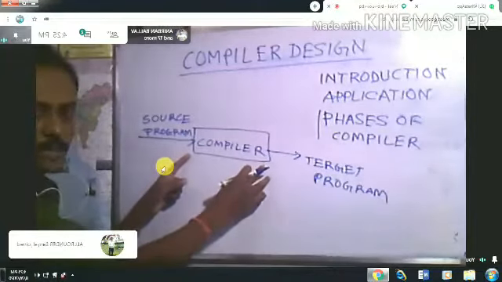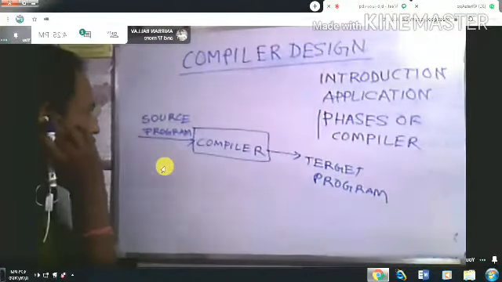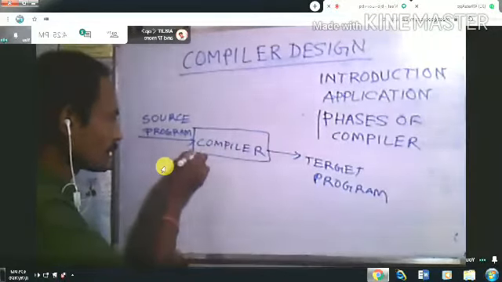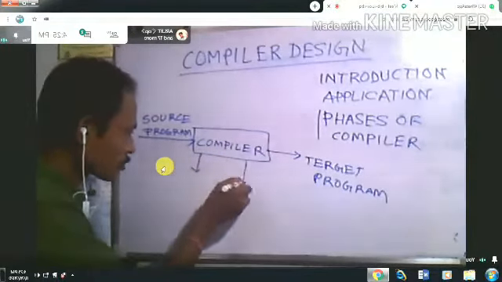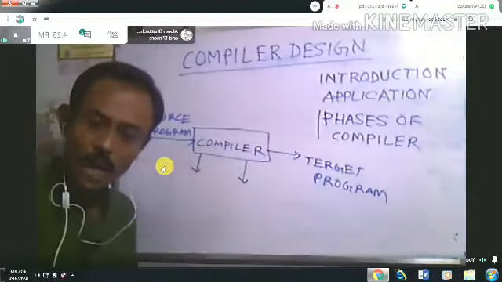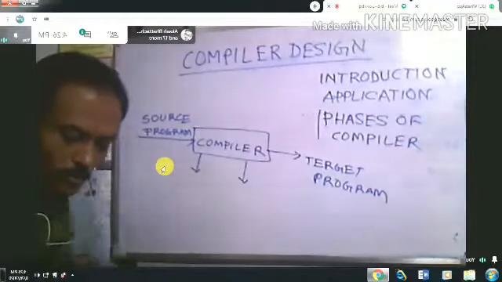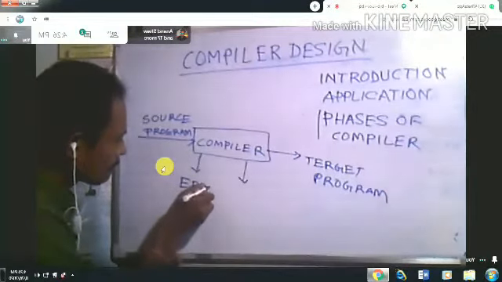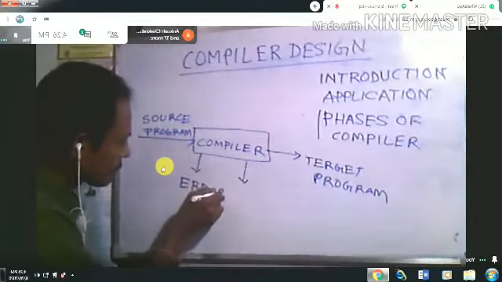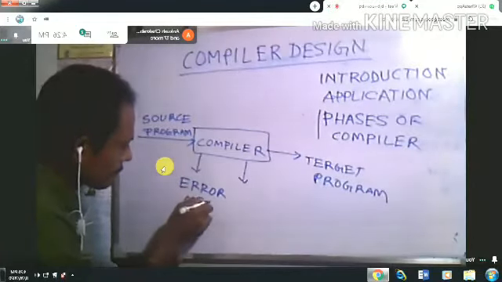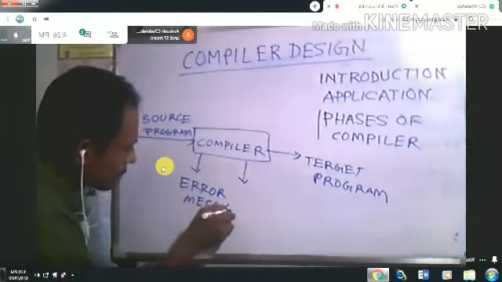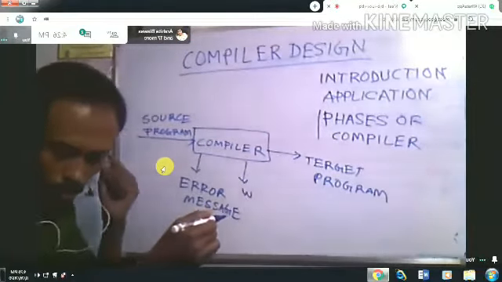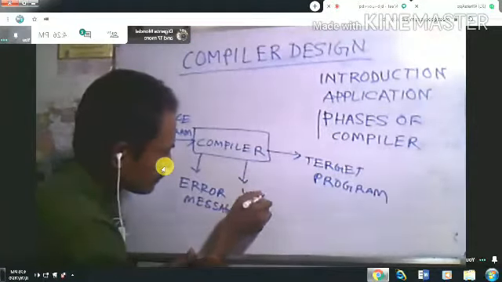So if it's the system software compiler, then its input is the source program and its output is the target program, and along with it, it may produce two different outputs. One output is the error message, and another output is the warning.